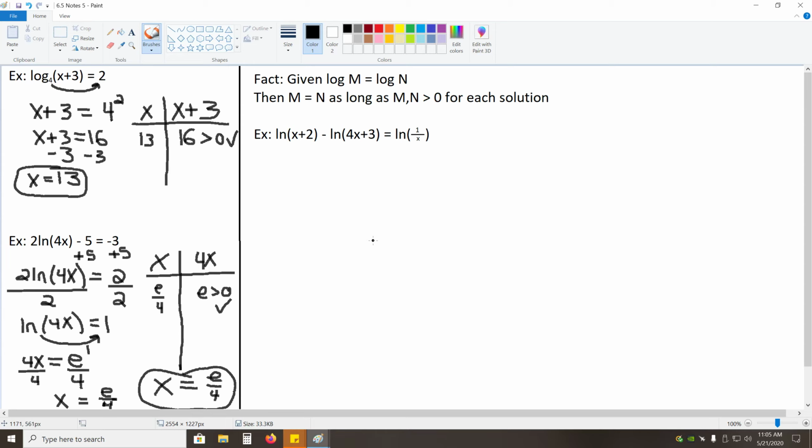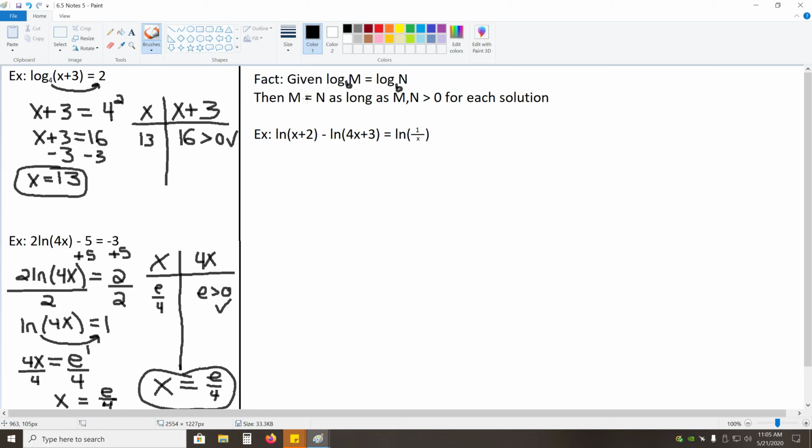Okay, the last type of logarithmic equations that we deal with are when we have log base b of m equals log base b of n. So given any two logs of the same base equal to one another, then it must be true that m is equal to n.